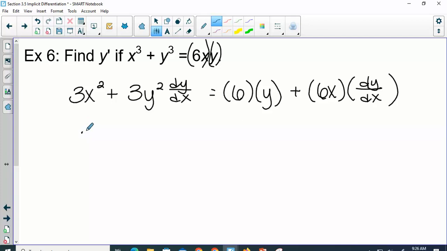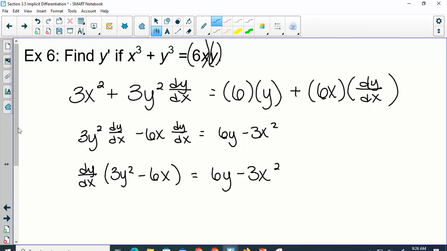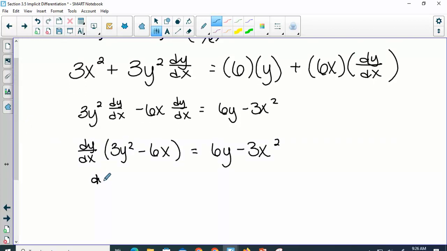Alright, so let's put all the dy dx's on one side and everything without on the other. We take out the dy dx. Divide.